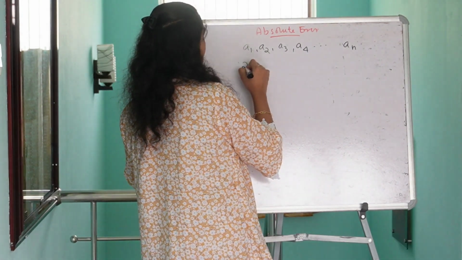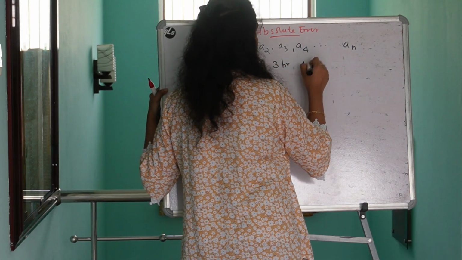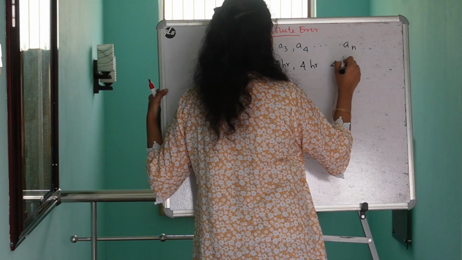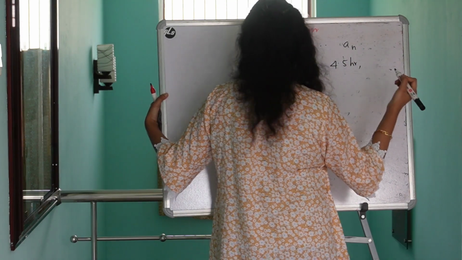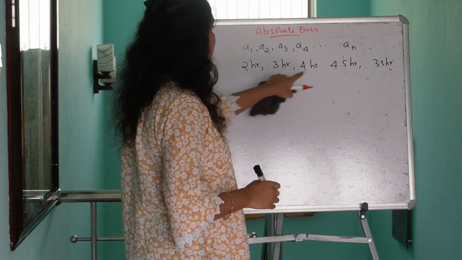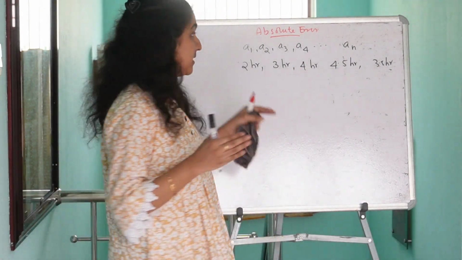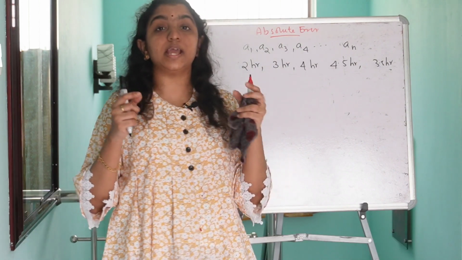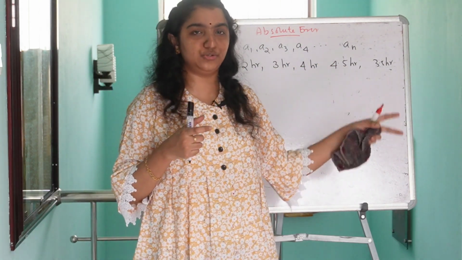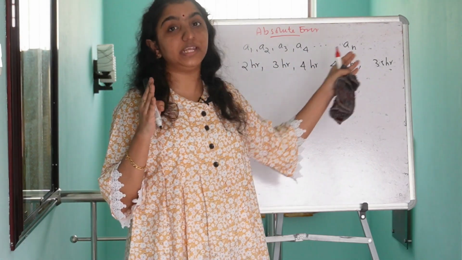I got 2 hours, 3 hours, 4 hours, 4.5 hours, 3.5 hours. So here I have 5 measurements. And I am asked to find not the simple error but the absolute error in each measurement.